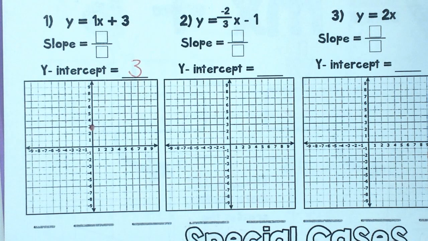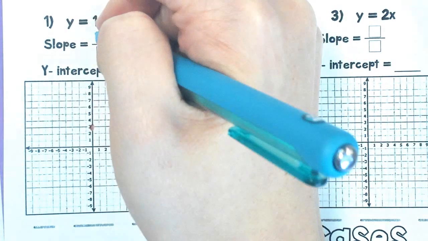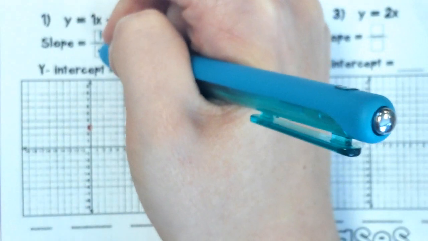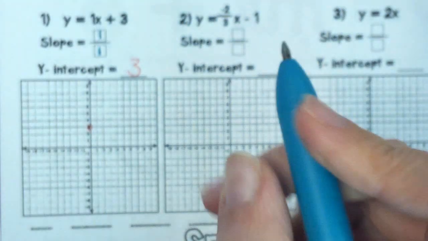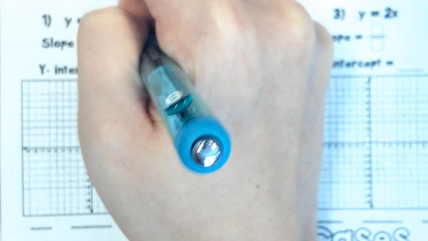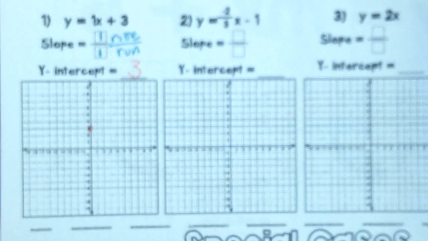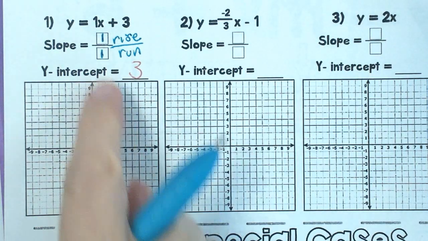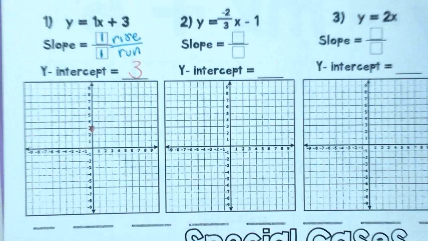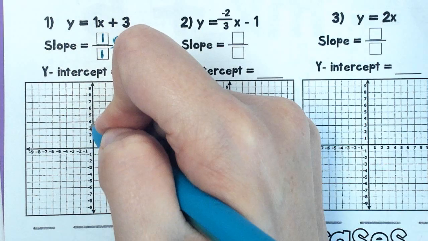Then, what is my slope, Jackson? So how would I write that? 1 over 1. If that is my rise over my run, rising a positive 1 means I'm going which way? Up 1.